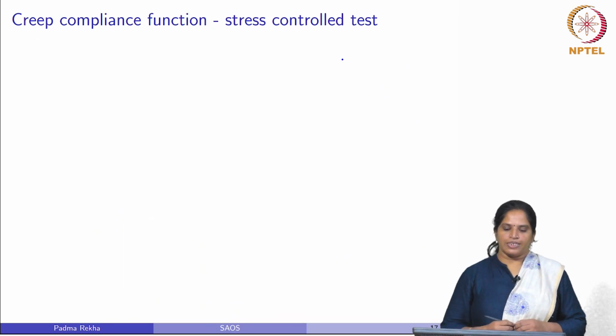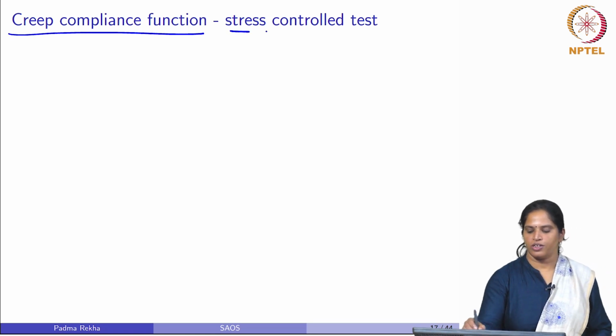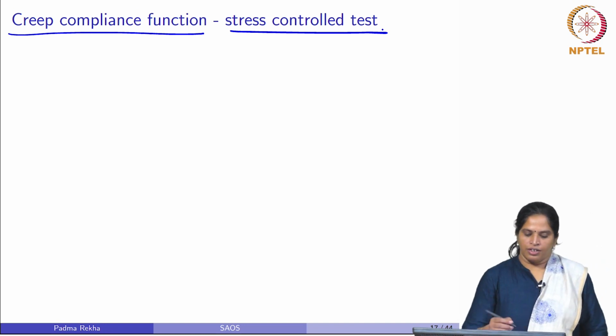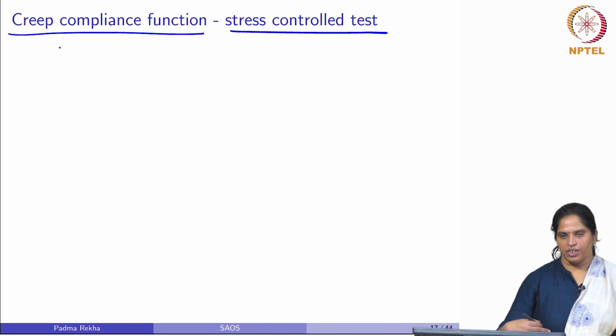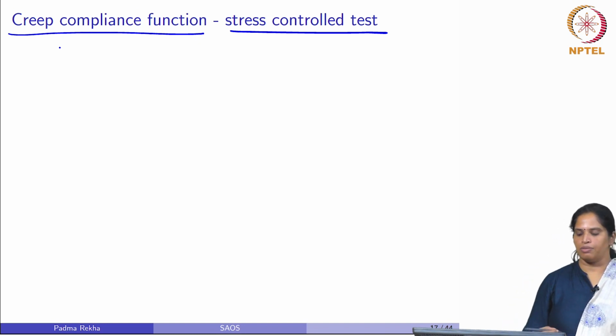Next, we will define the creep compliance functions for the stress control test. For this, we will directly use the way in which we defined the dynamic modulus. We will use that concept to define the creep compliance functions.